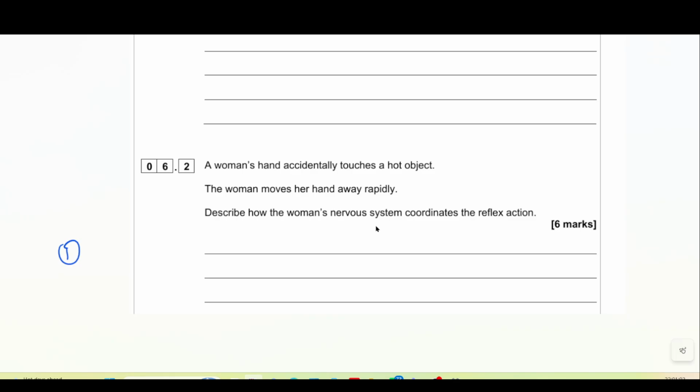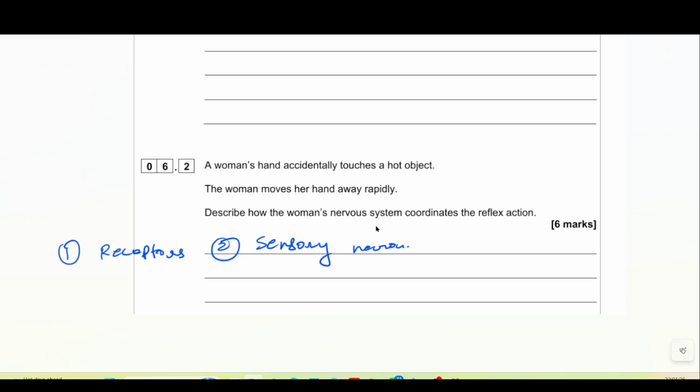Second is the sensory neuron. Sensory neurons take impulses from the receptor to the CNS, central nervous system, or brain.